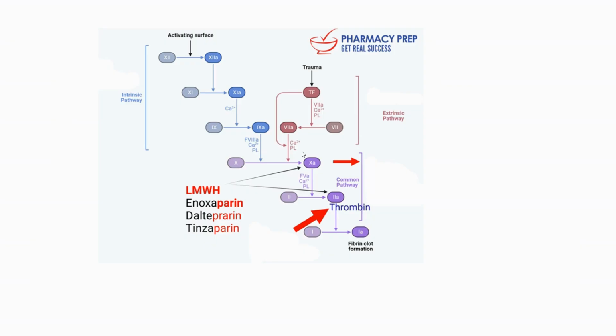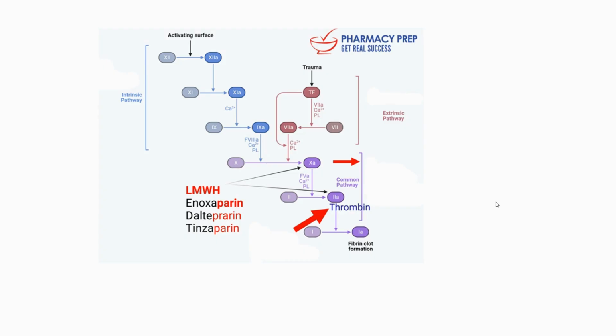These drugs also act between factor 2 and factor 10. So that's a very important thing here. Low molecular weight heparin is slightly smaller in size than heparin. Therefore, they have more selectivity to factor 2A and less selectivity to factor 10.